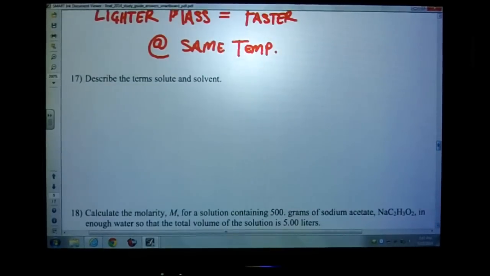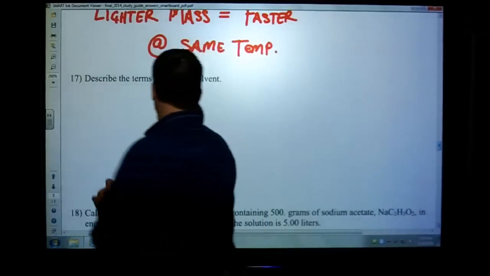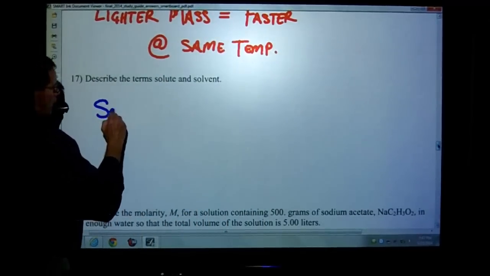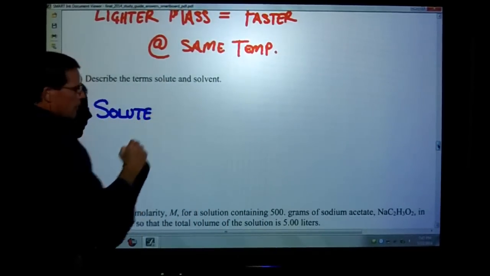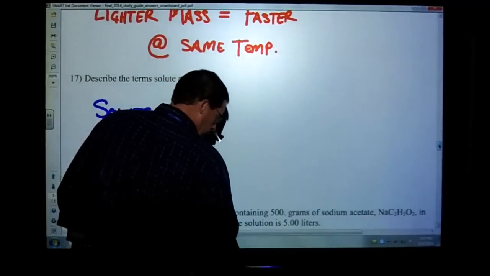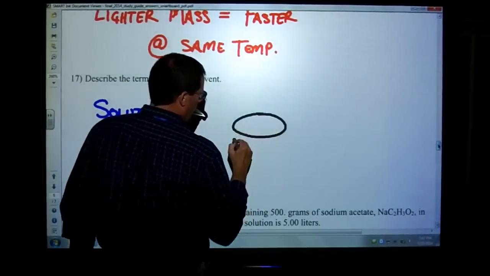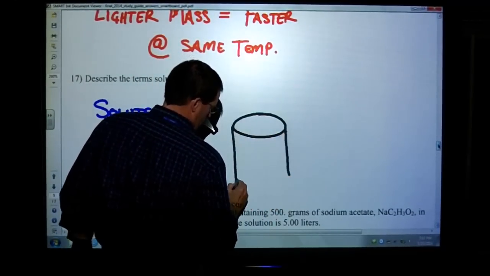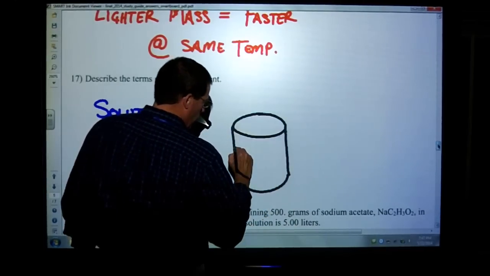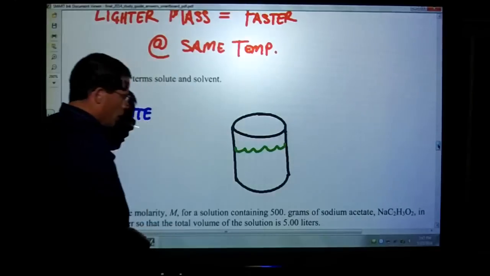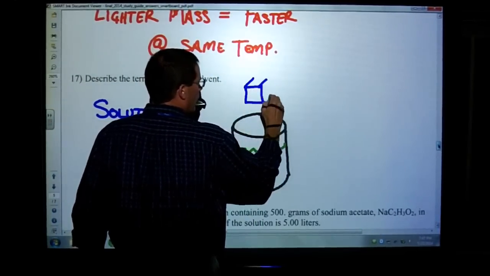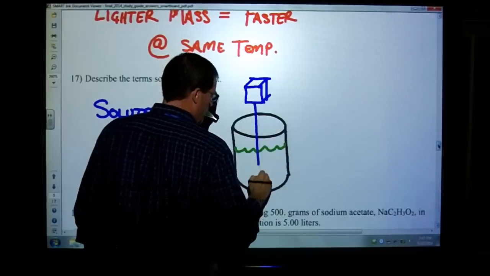All right, number 17. Describe the terms solute and solvent. Solute is the thing that gets dissolved. So if we were looking at a container here, and we had some water in there, the solute is the thing that is being placed in there.